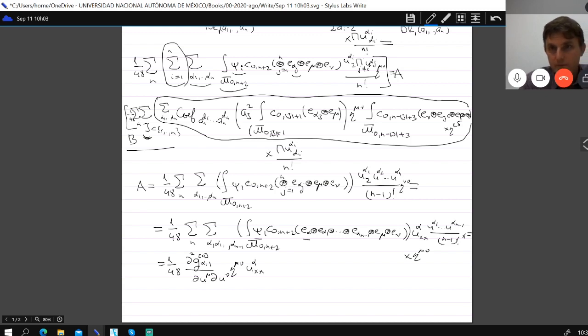What we can say is that the condition was that the cardinality of J is greater or equal to 2.